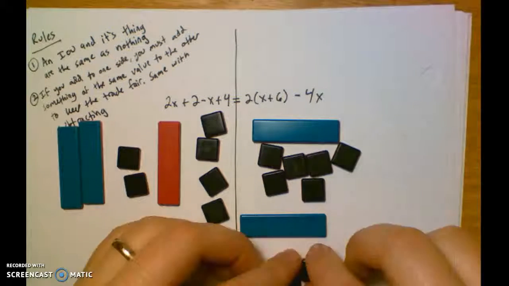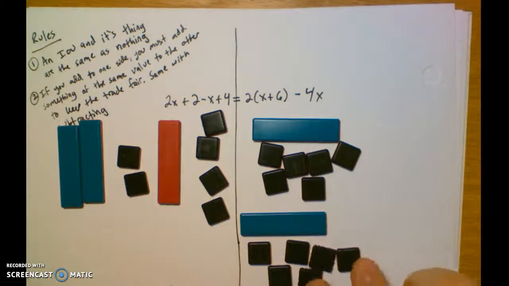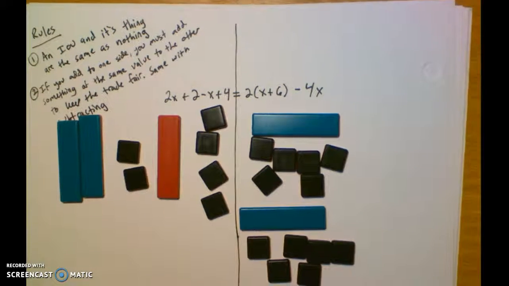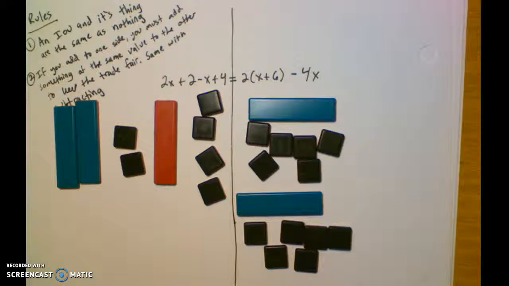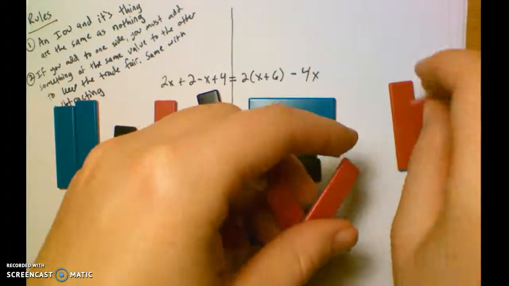So here's my second set of x plus 6's. Okay, so there I've got those two batches of that. And then it says that I have 4 IOUs for widgets, also known as -4 widgets.